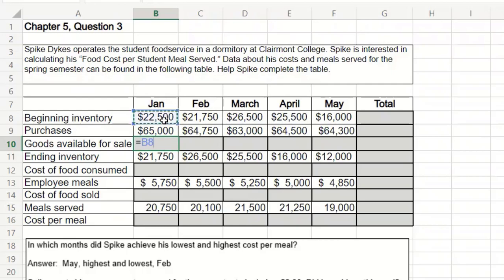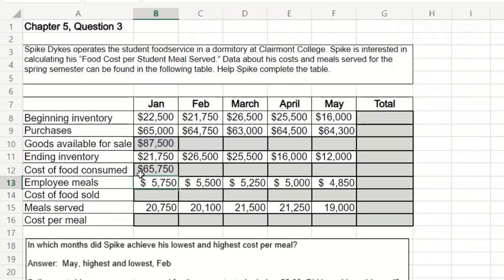That will be our beginning inventory, and we're going to add our purchases. Now we have our ending inventory of $21,750. If we want to get our cost of food consumed, we'll take our goods available for sale and we're going to subtract our ending inventory.